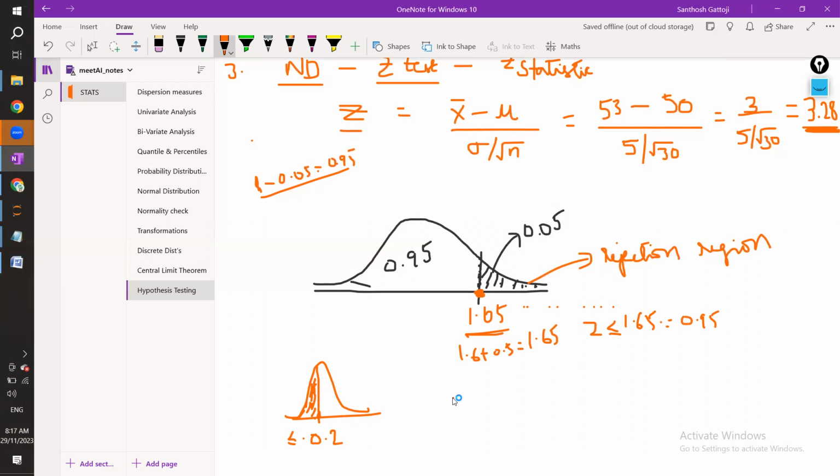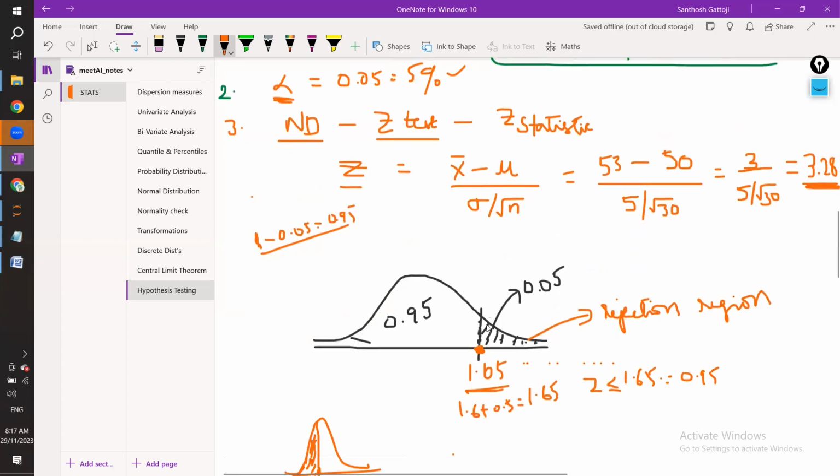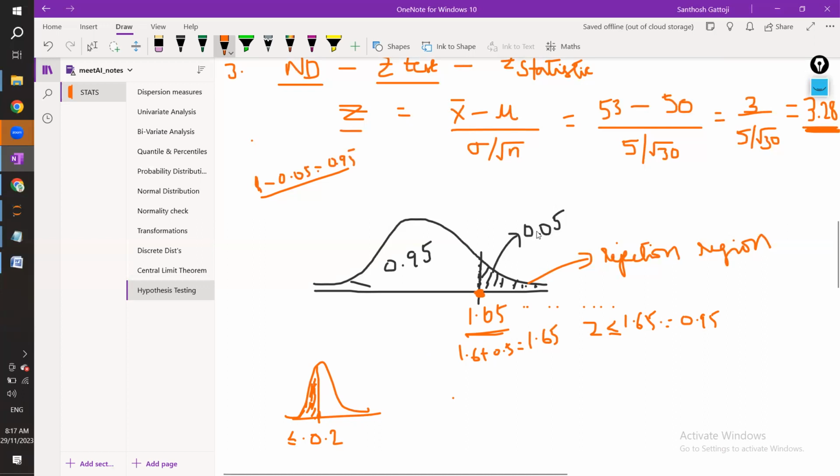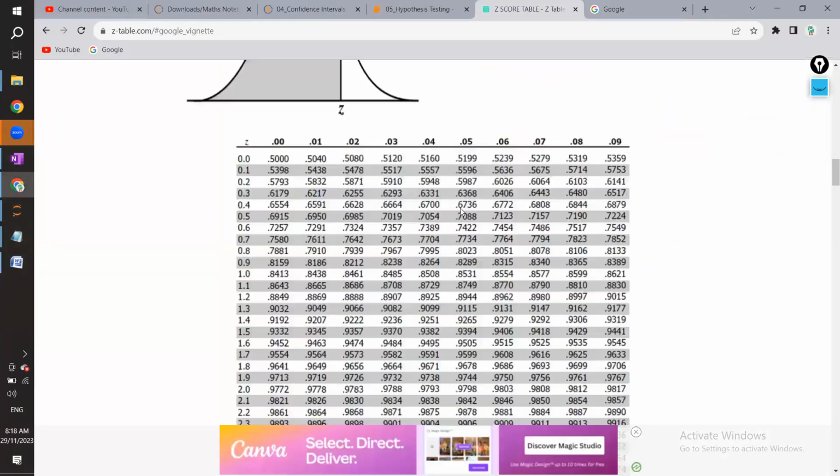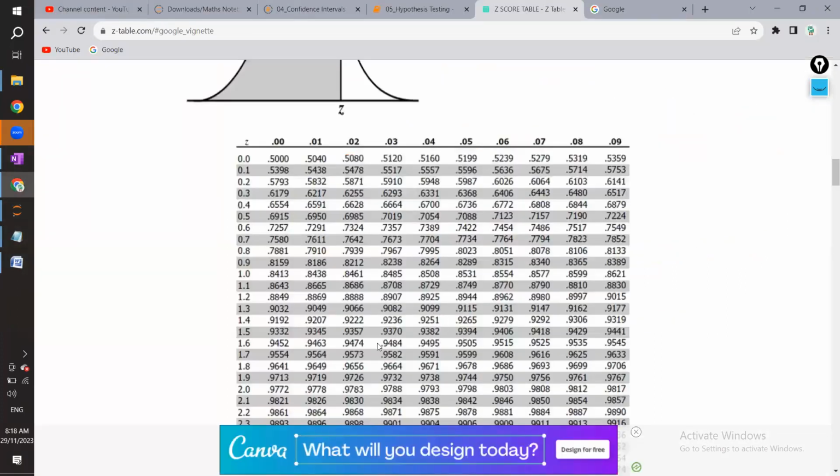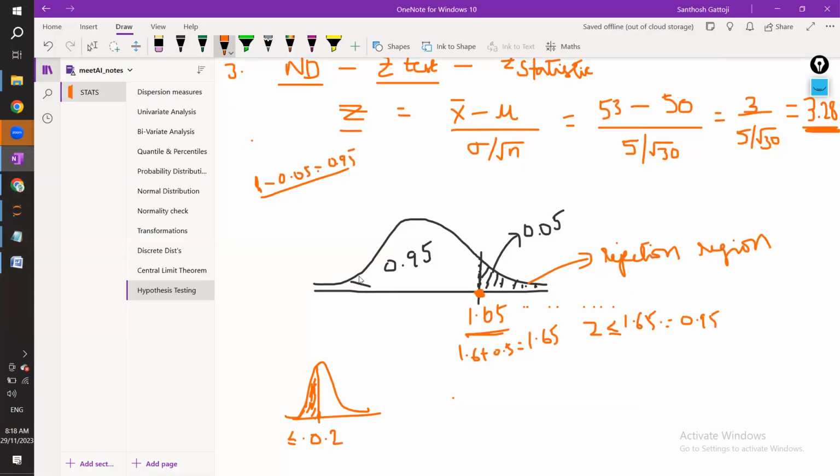Okay, fine. So if it is 0.05, the remaining part will be 0.95. What does that mean? This particular value, if you check from the table, wherever you have 0.95, is 1.65.